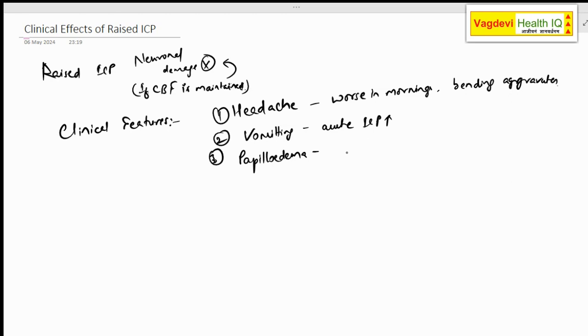It is related to CSF flow, CSF obstruction. Papilledema means more CSF pressure in the optic nerve. So what does it do?